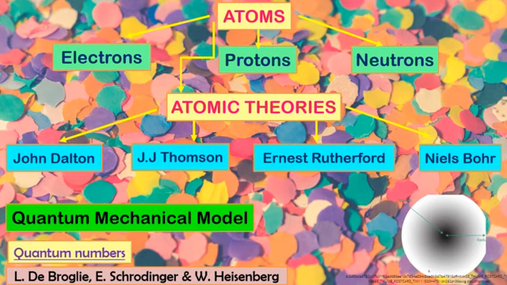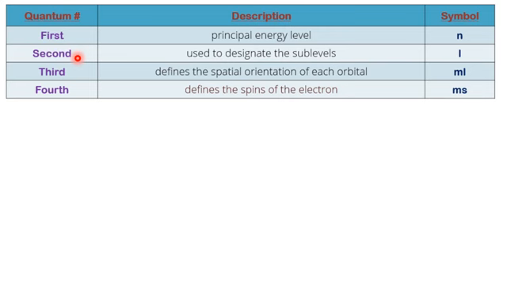The first quantum number is the principal energy level, represented by the letter n, while the second quantum number is used to designate the sublevels, symbolized by l. The third quantum number defines the spatial orientation of each orbital and is represented by ml, and the fourth quantum number defines the spin of the electrons. If there is an energy level as the first quantum number, there are also sublevels under this principal energy level, and we are going to talk more about these quantum numbers.